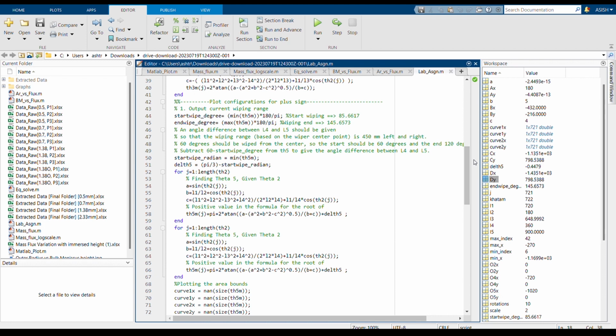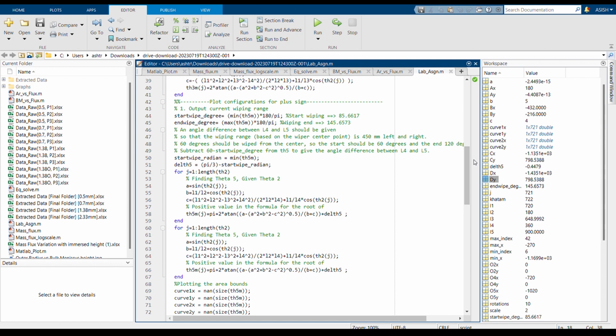We have shown the wiper arms, joints, and the wiping range in the Simulink, which will be shown in a few moments. Apart from that, the wiping area is visualized by plotting a curve that outlines the motion range of the wiper blades.